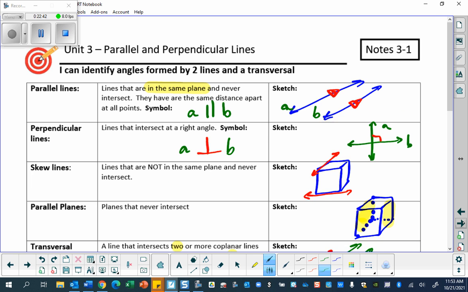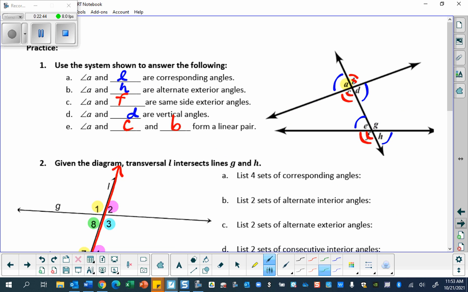All right. Flip over to the other side of notes 3-1. Check your work with mine. Corresponding angles: E. I love this one because it's all about angle A. So when you look at A and E are corresponding, A and H are alternate exterior.